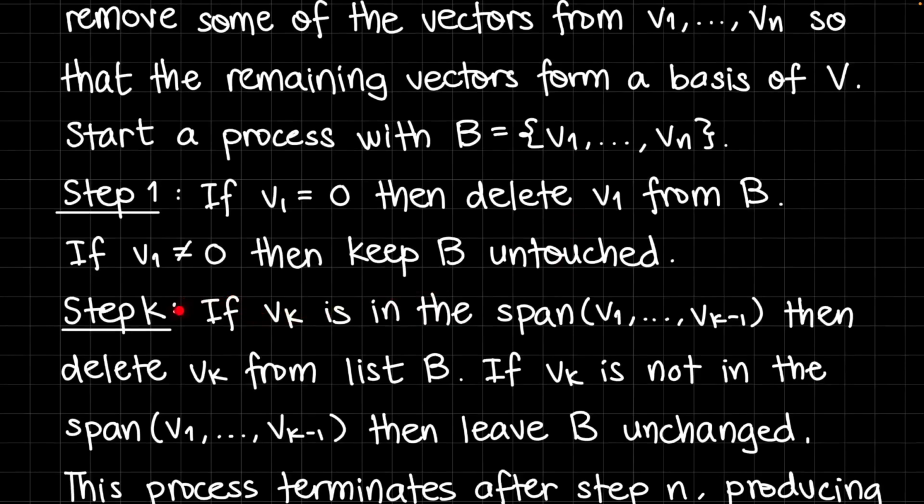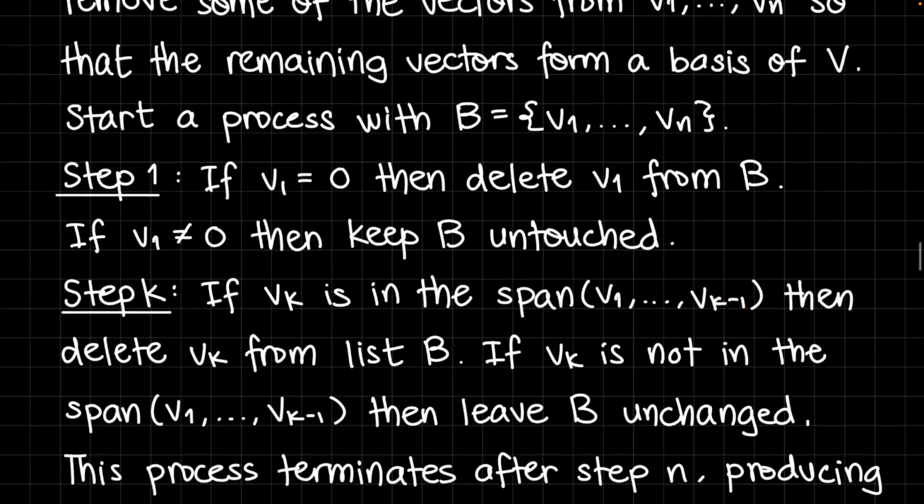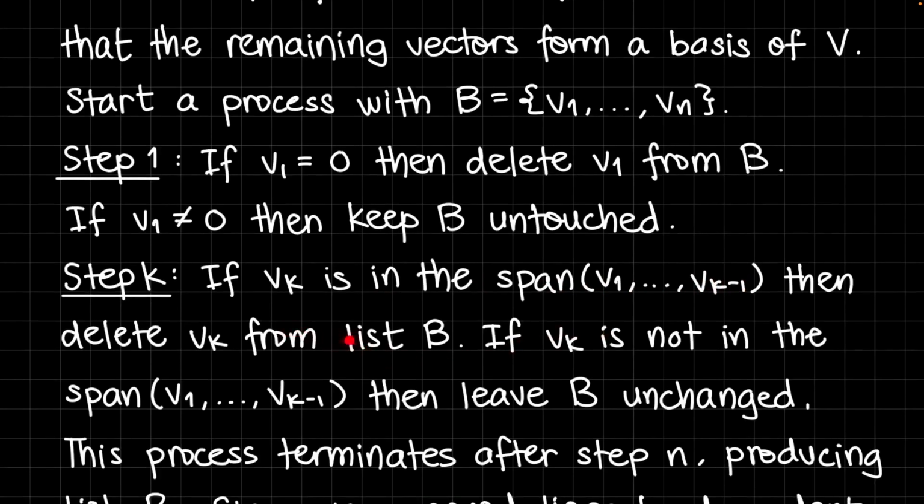Step k, where k is going from 2, 3, 4, 5 until n. If Vk, the kth vector from the left, is in the span of the vectors before it, which is V1 through Vk minus 1, then delete Vk from the list B, because by the lemma from the last video for linearly dependent lists, removing a vector which is linearly dependent on the vectors before it does not change the span.